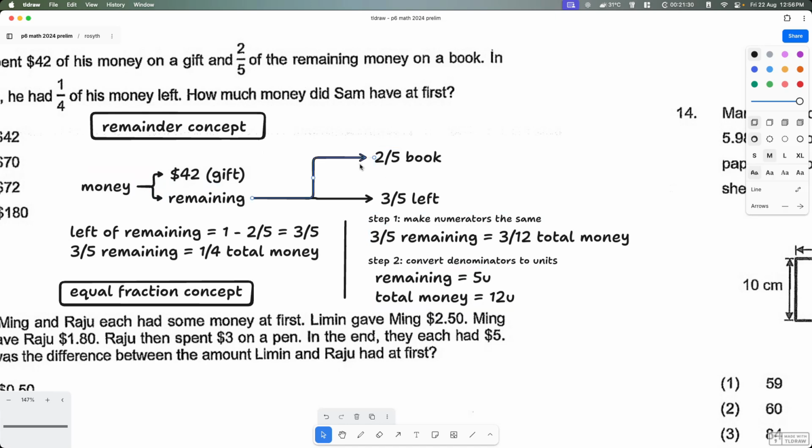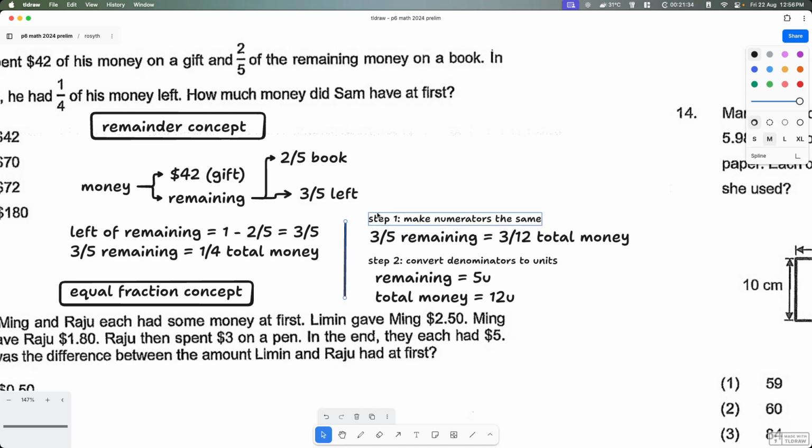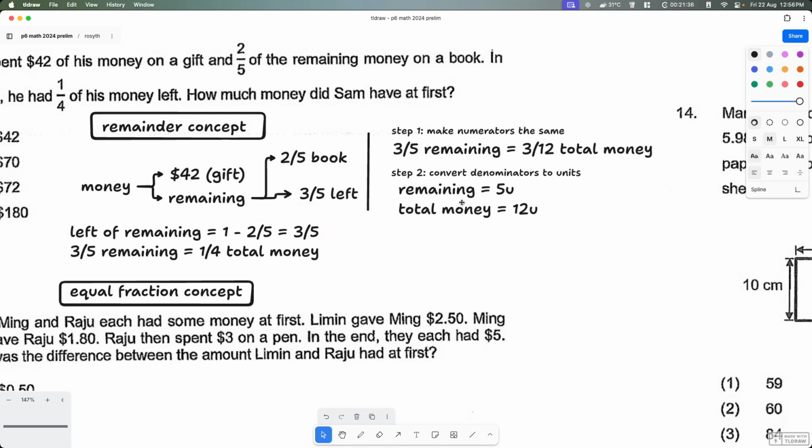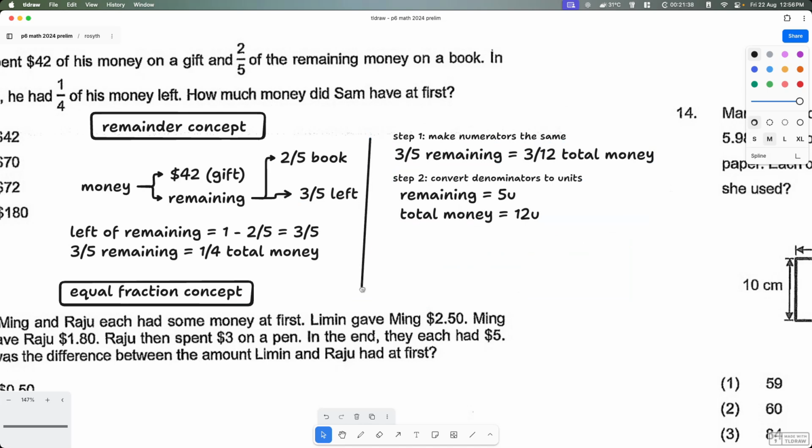So let me just move this here, and then I'll move this over here. So we know the remaining is 5 units, so that means gift is equal to 12 minus 5, which is 7 units, and that means 7 units is equal to 42.